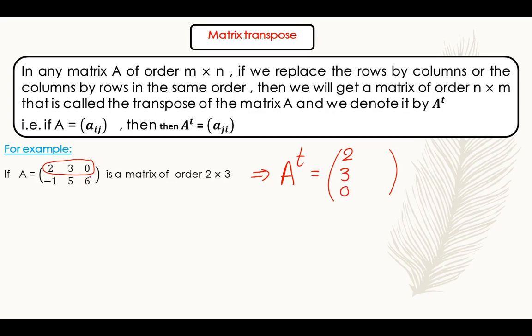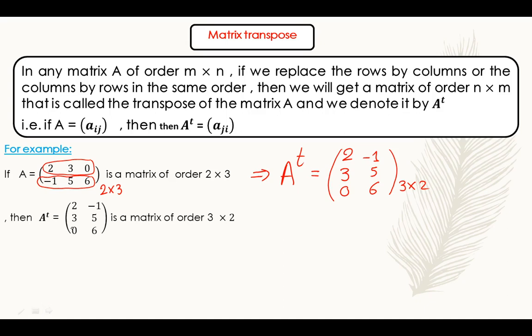And this is the second row, negative 1, 5, 6. We are going to replace it by a column of negative 1, 5, and 6. This matrix A is of order 2 times 3, and A transpose, you can see, is of order 3 times 2.